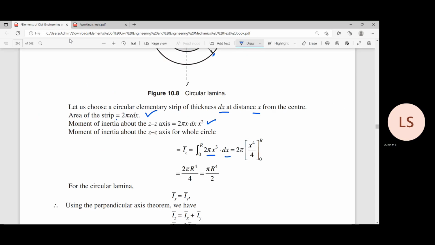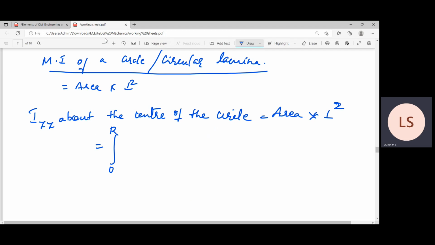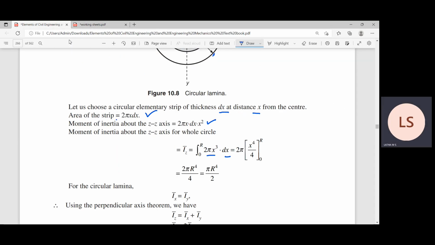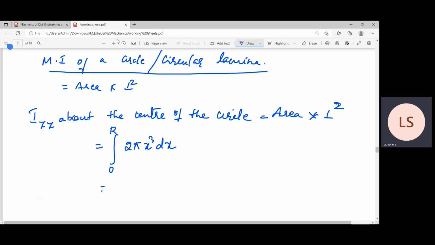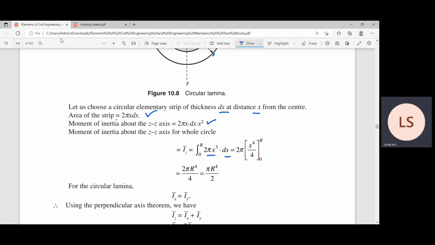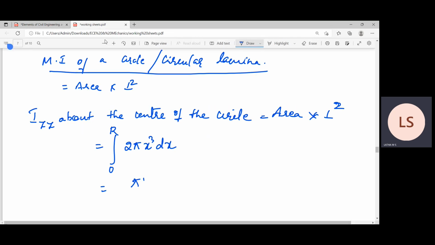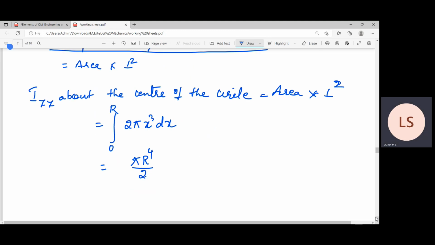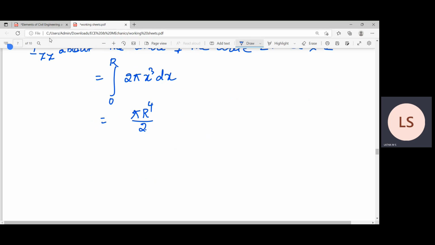Area is 2 pi x dx, and when I multiply area and the square of the distance, it will be 2 pi x cube dx. Now applying the integration limits and calculating the value, you will end up with 2 pi r to the power of 4 by 4. Okay, but I want the value about xx and yy.